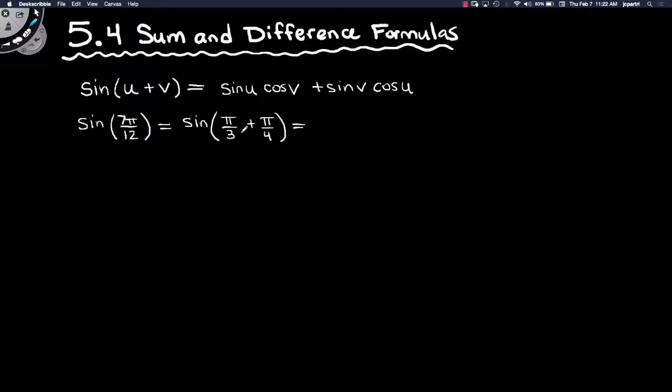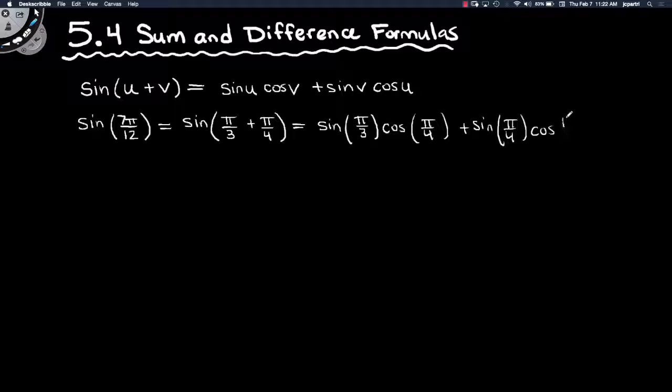Cross multiplication, middle school. 4 times pi, 3 times pi, 4 plus 3 is 7. Multiply the bottoms, 7 pi over 12. And so using the formula, this is the sine of pi over 3 times the cosine of pi over 4 plus the sine of pi over 4 times the cosine of pi over 3.